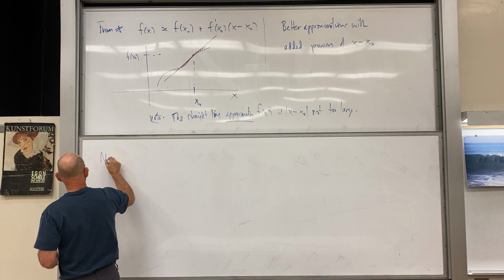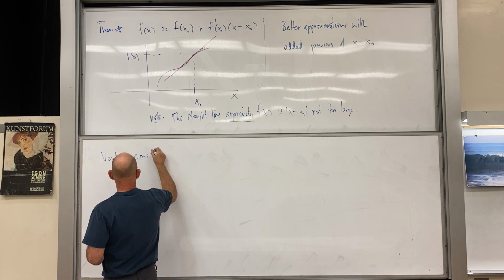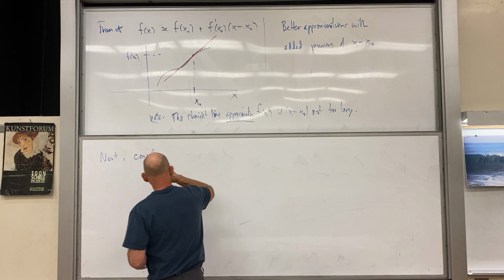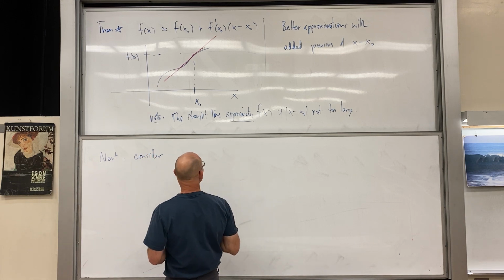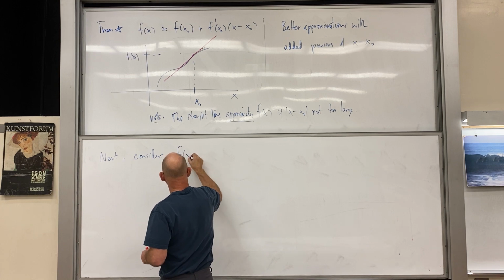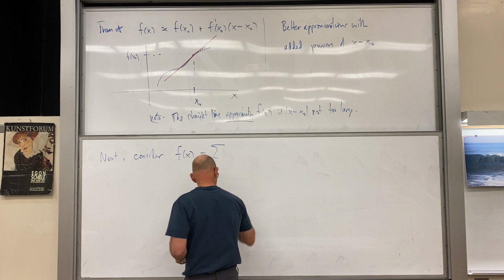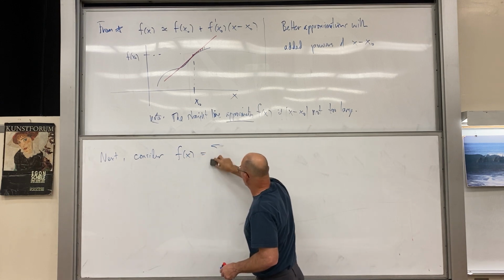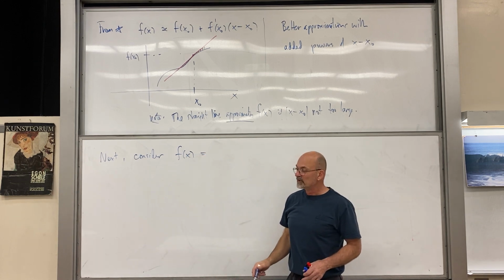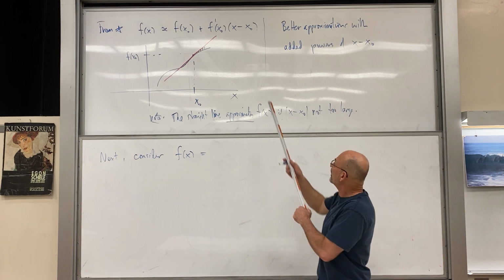Next, consider f of x equals the sum of, well, first I'll write it down without the summation convention. So we're just going to put in some more of these right here.